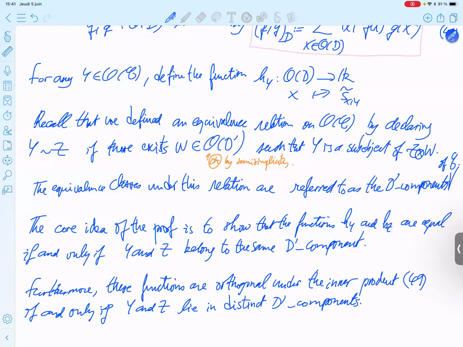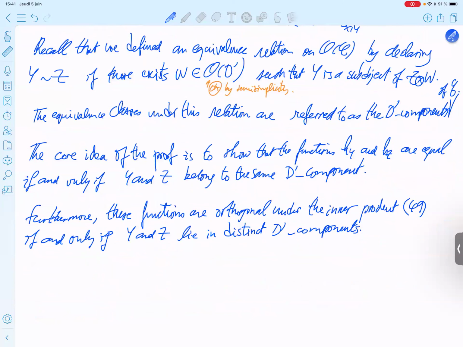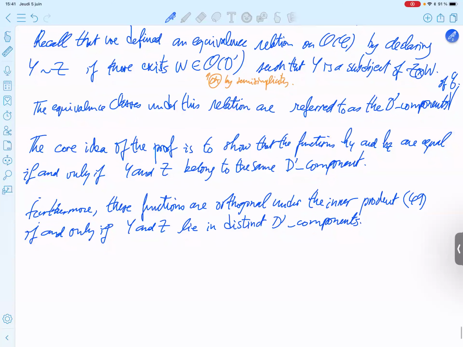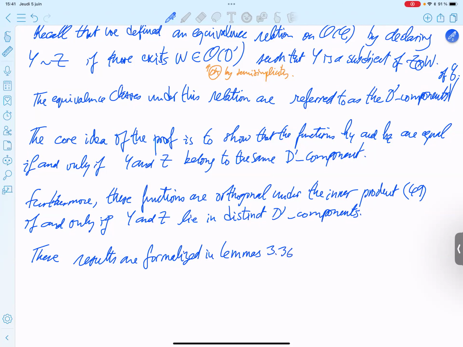So these two key results for the proof will be formalized in the coming lemmas 336 and 337 below.